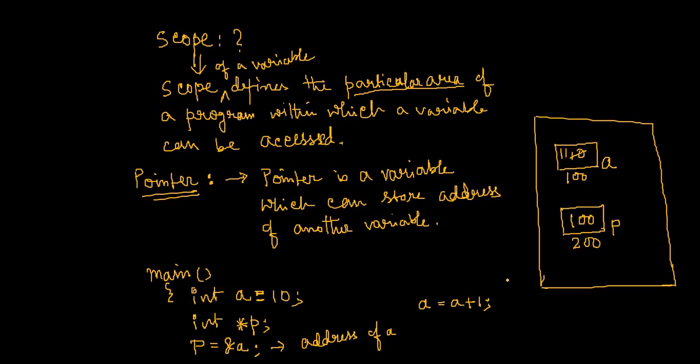Fine. But I have one more way to do the same. I can write star P equal to star P plus 1. That means somehow writing A is equivalent to writing star P.